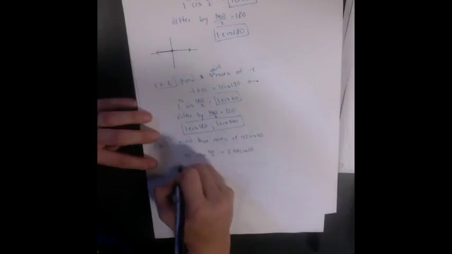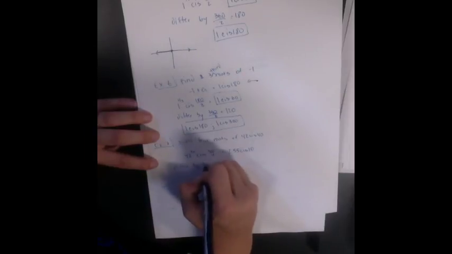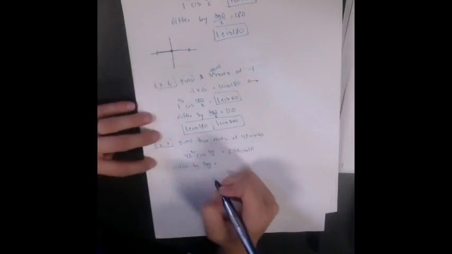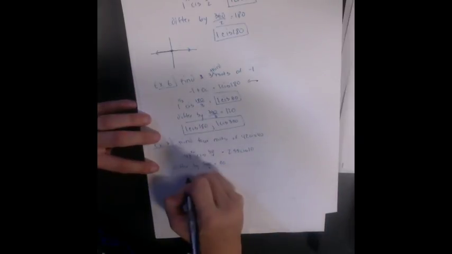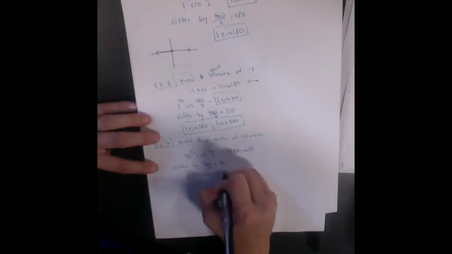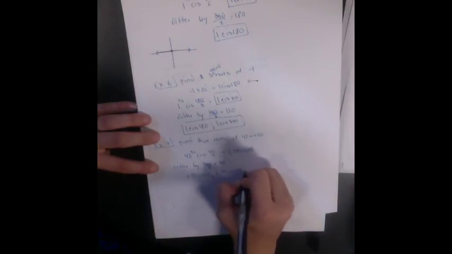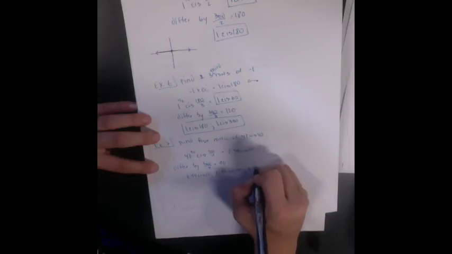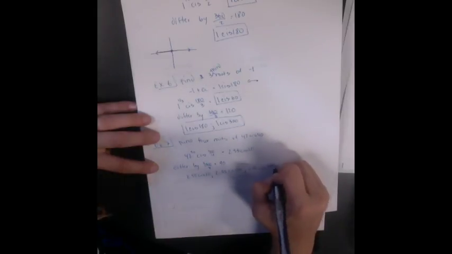And I know that I will differ by 360 over 4, which is 90. So my first one, I have 2.55 cis 10. Then I will have 2.55 cis 100, 2.55 cis 190, and 2.55 cis 280.